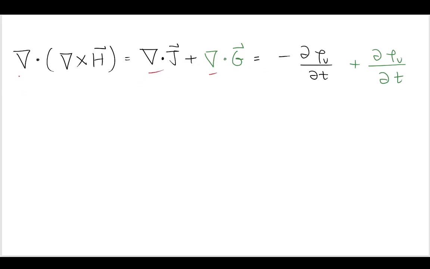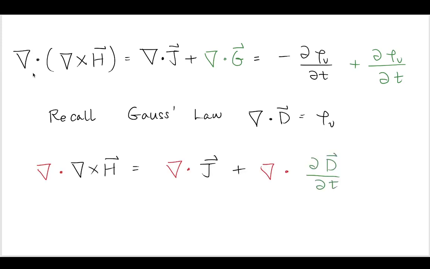Now, when we recall that Gauss's law tells us that the divergence of the electric flux density is equal to the charge density, we can see that a charge density appears here and here. So we can put this in, and we'll place that in here.